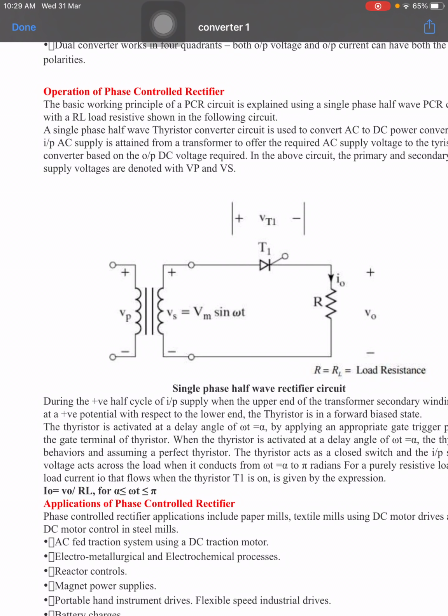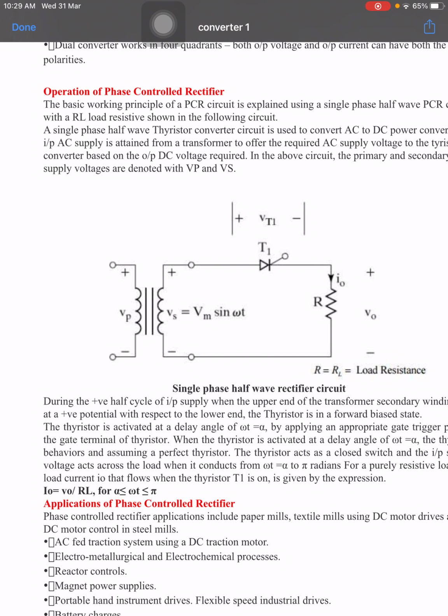When you observe this diagram, it represents a single phase half wave rectifier circuit. What type of load are we considering here? We are considering an R load. We have different types of loads, like R load, RL load, RLE load, with a freewheeling diode and without a freewheeling diode.